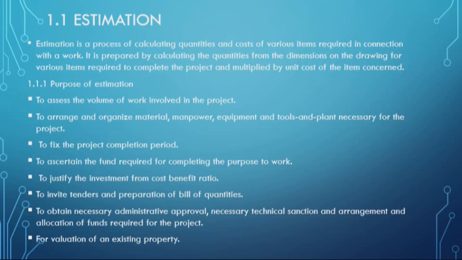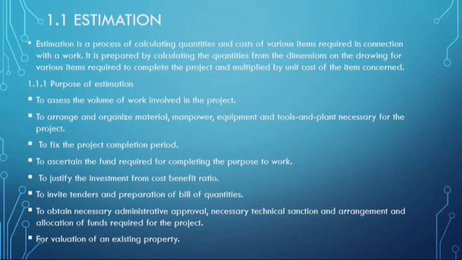And to allocate the fund for this work, to justify the investment in the form of the cost benefit ratio. Have you ever heard what the cost benefit ratio is? Why does the government build many structures like bridges, roads, community halls? Estimation is also used to invite the tender and prepare the bill of quantities.